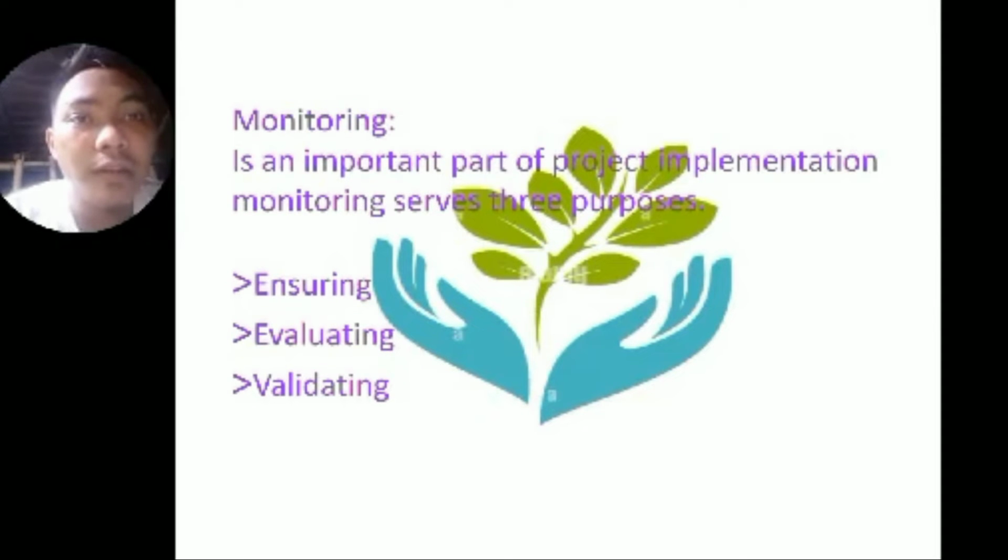Monitoring is an important part of project implementation. Monitoring serves three purposes.